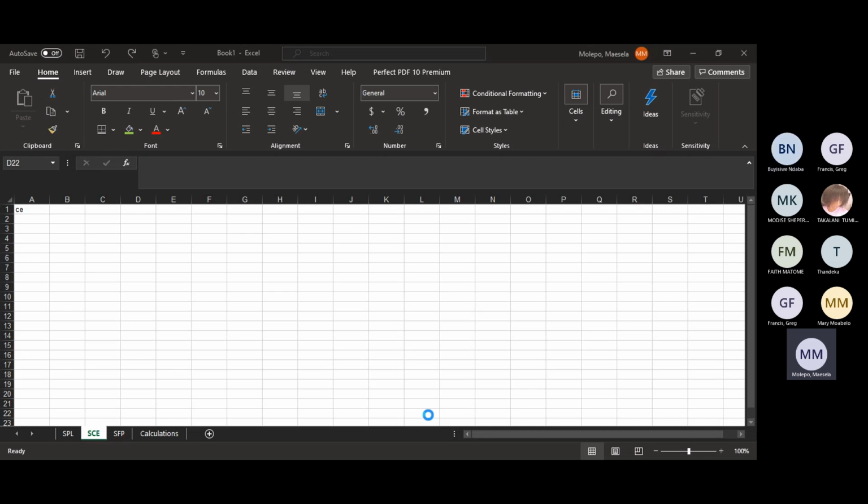On the SFP, they want only the non-current asset section, not the current, only the PPE and the accumulated depreciation of them. Oh, okay, noted. Thank you.